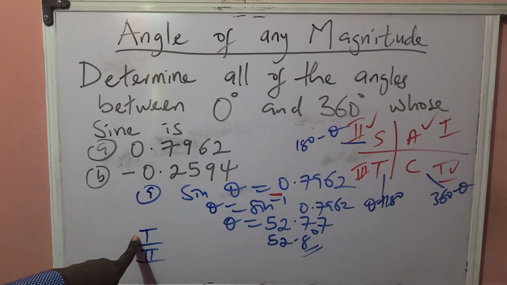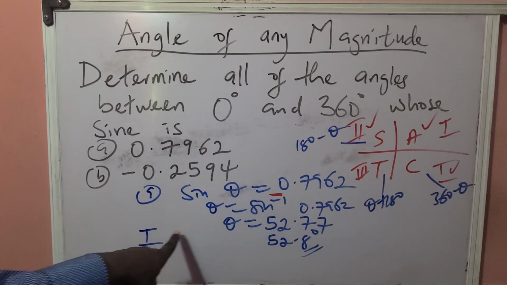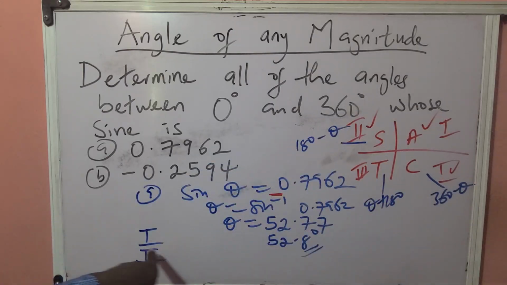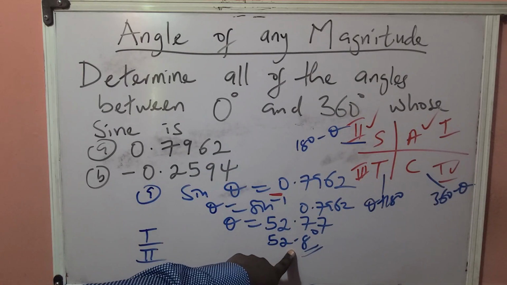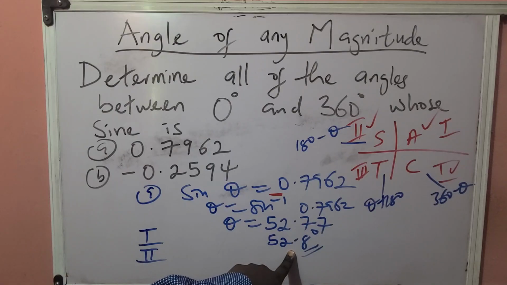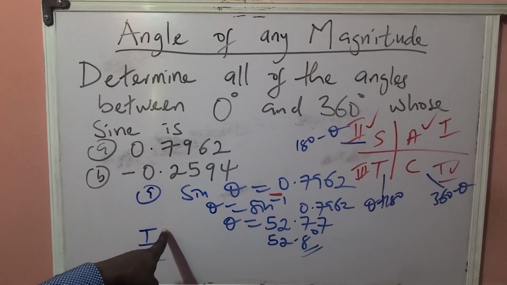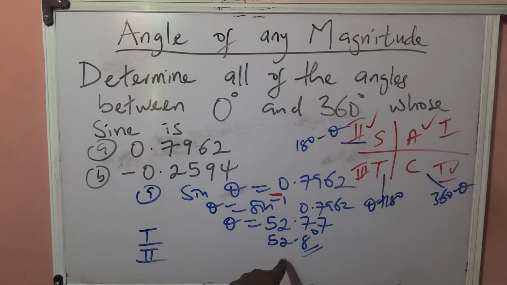If quadrant 1 features in the quadrants you were interested in, then this will automatically be part of the answer. Let me repeat that. If one of the quadrants you brought out was quadrant 1, then whatever you did here, you will just replace it there. But if you don't have quadrant 1 as part of the quadrants you are interested in, then this will not be part of your answer. That's very key for you to understand.